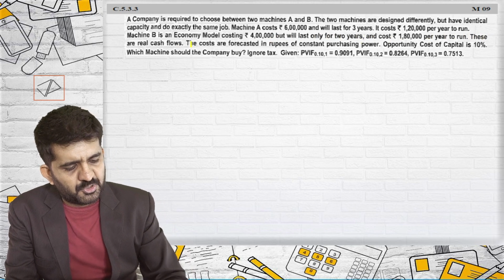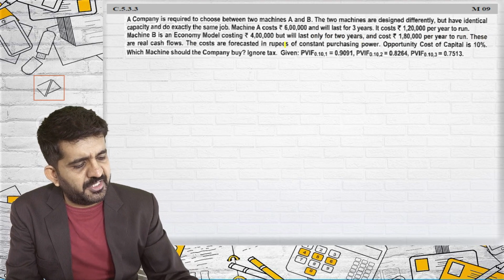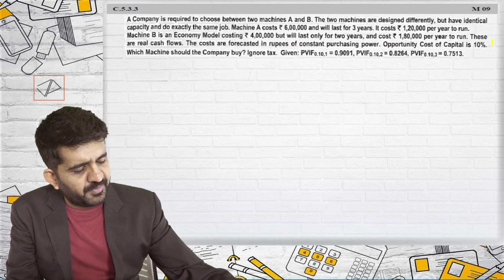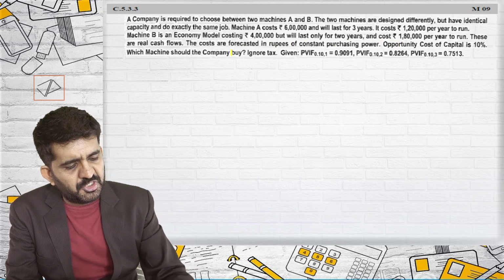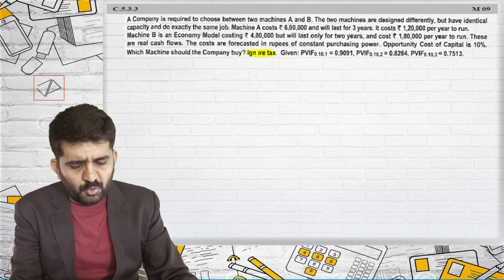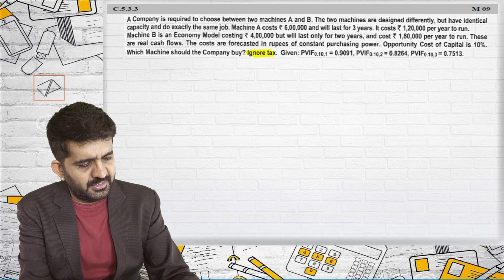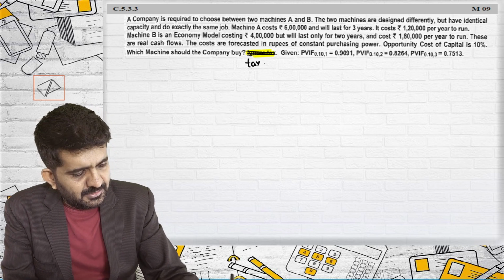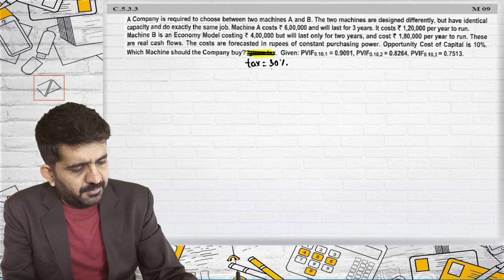These are real cash flows. The costs are forecasted in rupees of constant purchasing power. Opportunity cost of capital is 10%. Which machine should the company buy? Ignore tax. Cancel this. Tax at the rate of 30%.